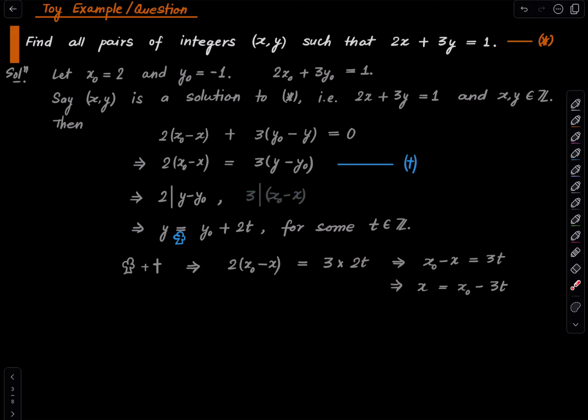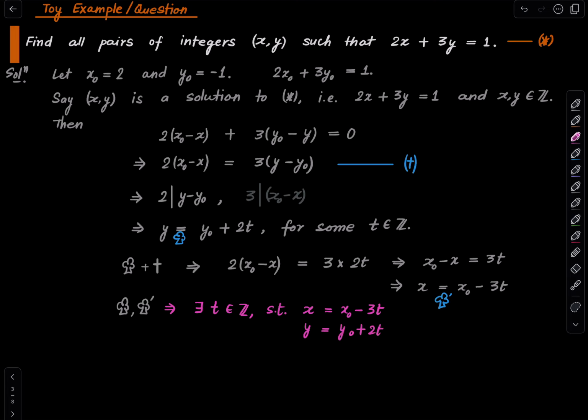Okay, so what do we see? The upshot from both these things, broccoli and broccoli prime, is that we can conclude that there exists an integer t such that x equals x naught minus 3t and y equals y naught plus 2t.